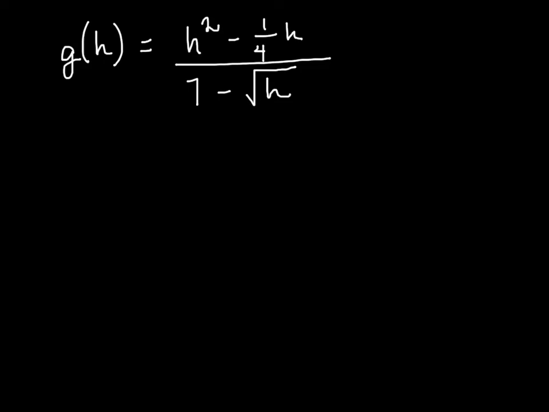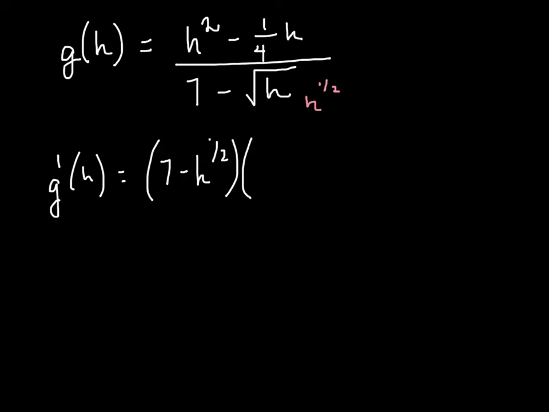Okay, so for our second example, the only thing that you may want to make sure you think about in the bottom is that it would be h to the 1/2 power. But let's go ahead and get this started. We would say g prime of h: the bottom, so I'm going to write it as 7 minus h to the 1/2, times the derivative of the top, 2h minus 1/4.